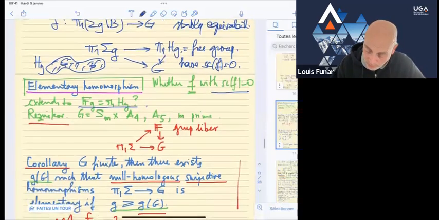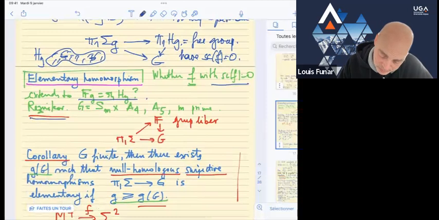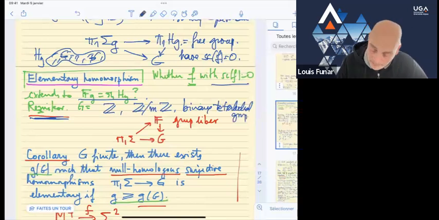And sometimes for very specific groups, and here are some groups defined by Novikov, maybe take the simplest case, take Z or take Z over MZ, and then you take a binary tetrahedral group and so on. Then any such homomorphism is actually factorizing.